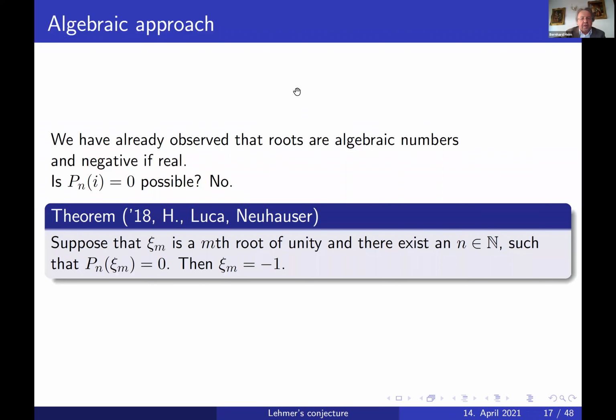And we were able to prove two years ago that whenever you plug in a root of unity and assume it is a root, then the root of unity has to be -1. That's the Euler formula, when you take eta and you have these pentagonal numbers. So that's the only root of unity which gives you a root. And the proof went in the direction that we looked at the recursion formula of the polynomials, multiplied by the denominator, then looked at it mod p and used algebraic number theory to prove that.